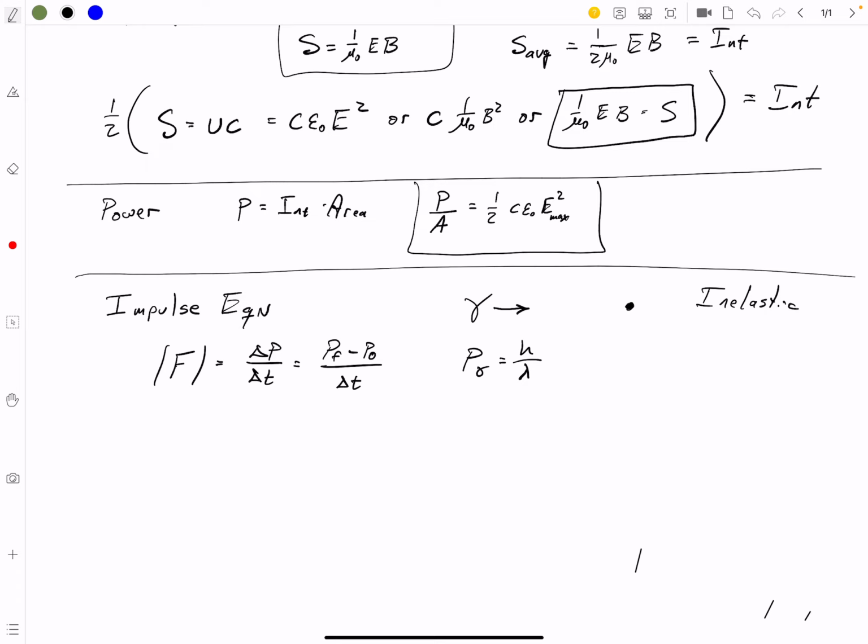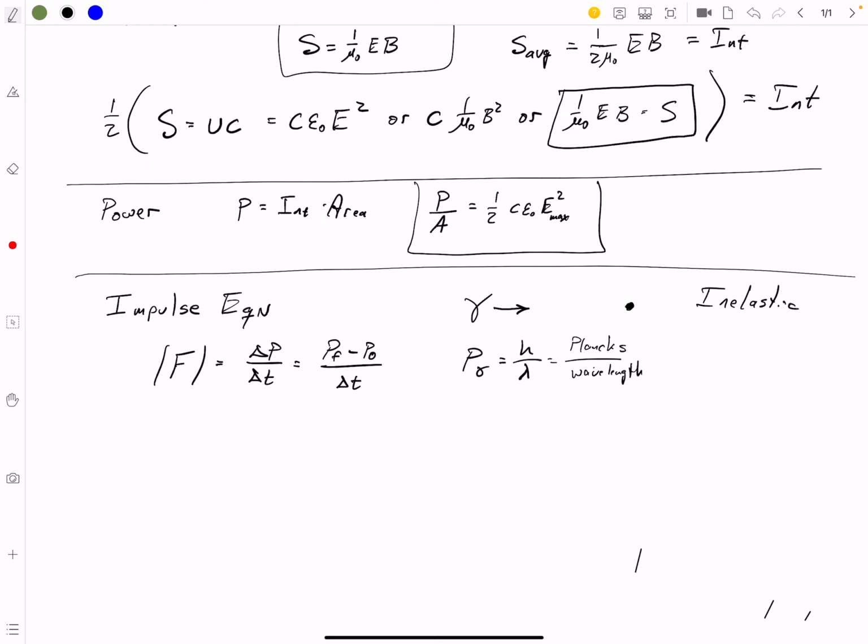This is just Planck's constant divided by the wavelength. So yes, quantum mechanics a little bit. That's fine. If you need to have Planck's constant given to you, it'll be given to you.